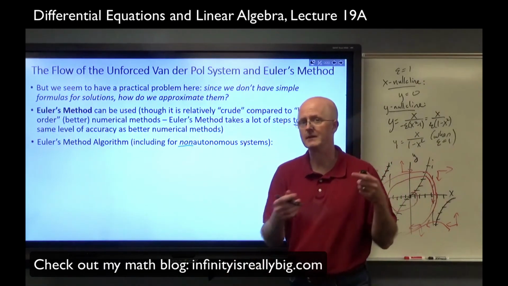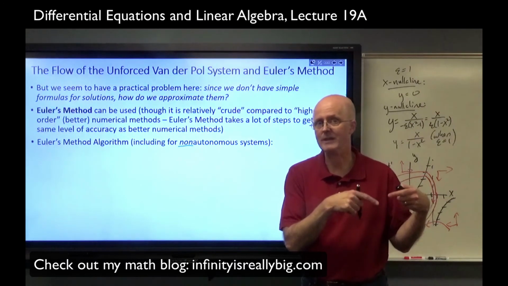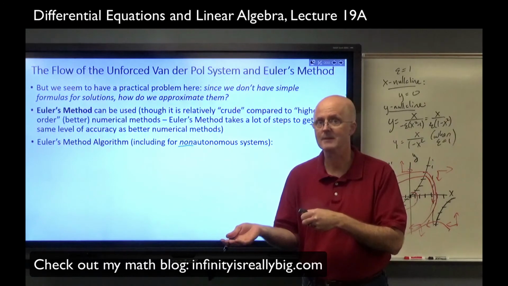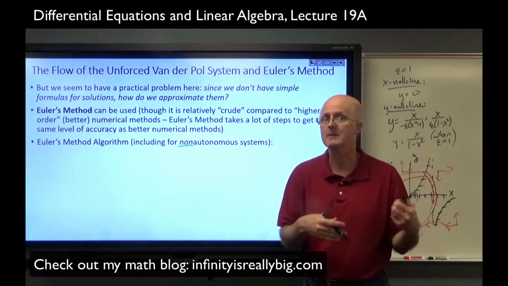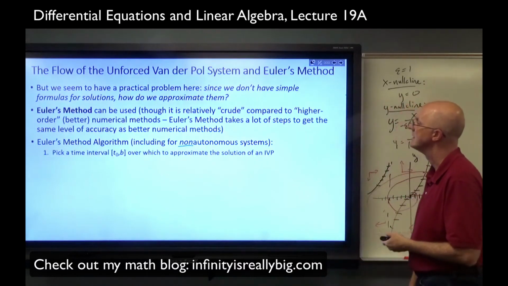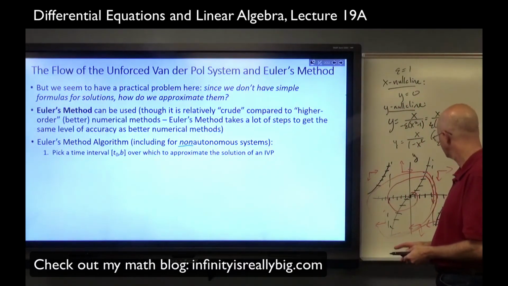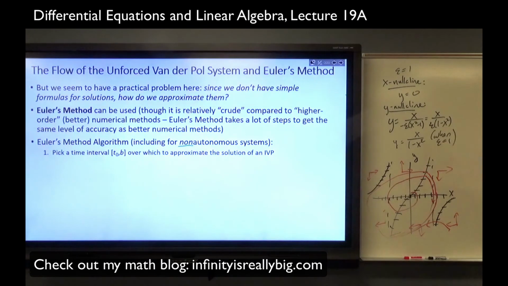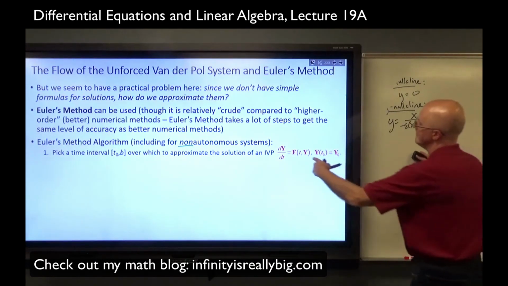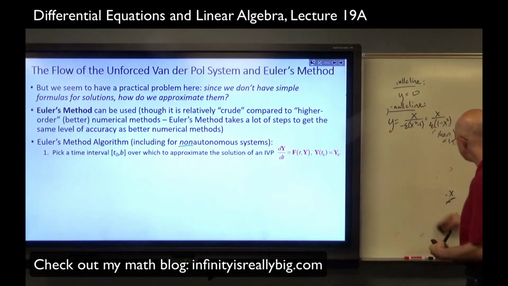We're going to see when we look at existence and uniqueness in lecture 20a that there's a stark difference between what happens for autonomous systems and non-autonomous systems. But Euler's method works in either case. Pick a time interval from t0 to b over which to approximate the solution of an IVP, this one. Notice on the right-hand side that my vector field depends on t as well as y.